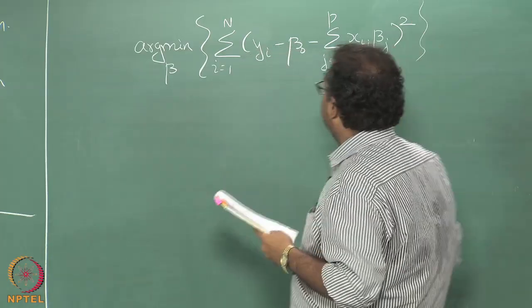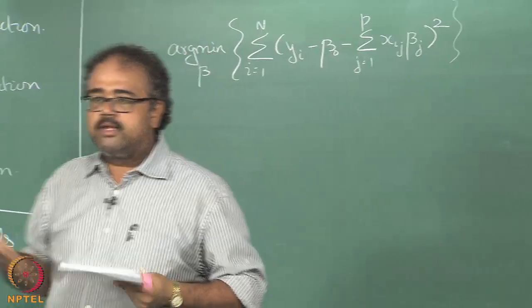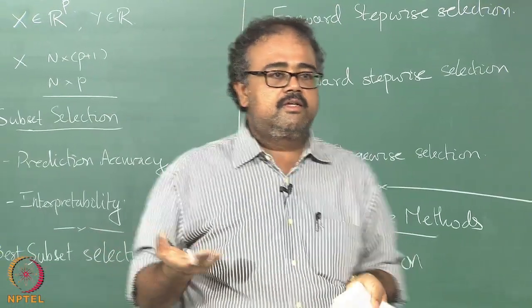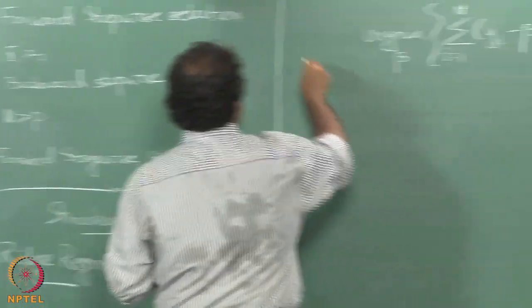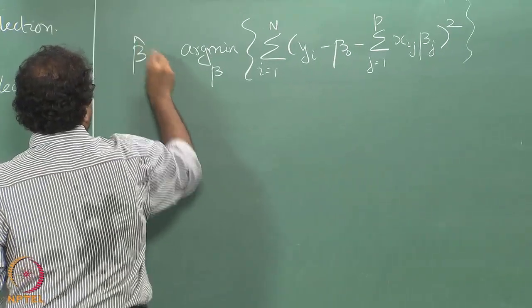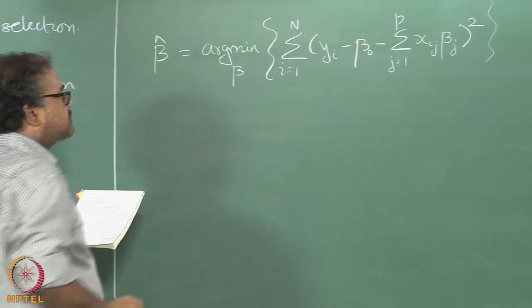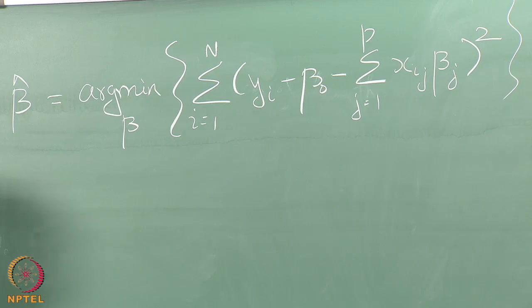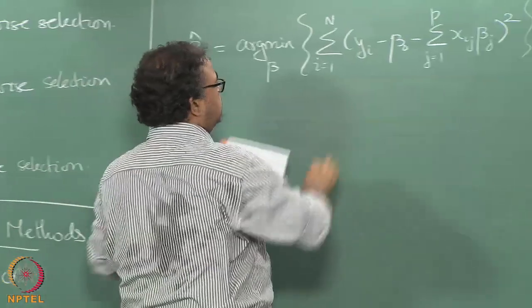That is the normal objective function for finding the betas. So your beta hat is essentially this.